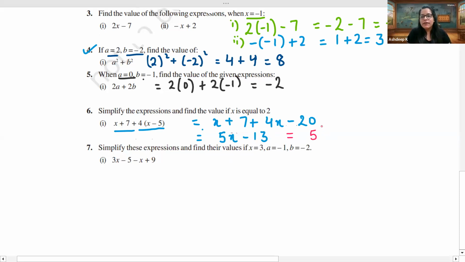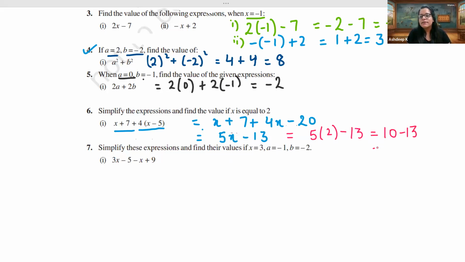So 5 into 2 minus 13, which is simply 10 minus 13. So our answer would be equal to minus 3. Again, the procedure remains the same. The only difference is that we need to first simplify and then find out the value of the expression.